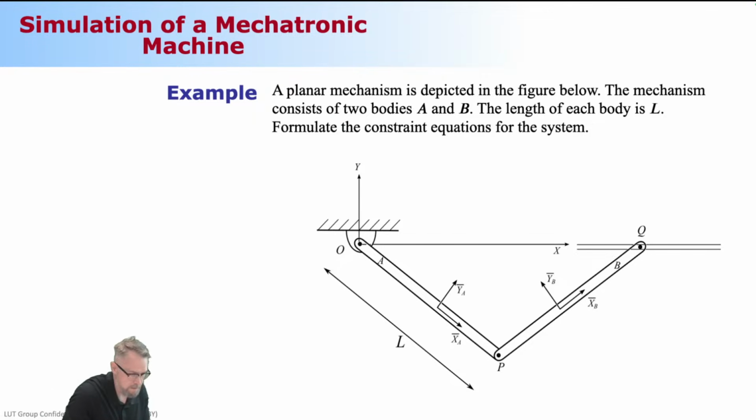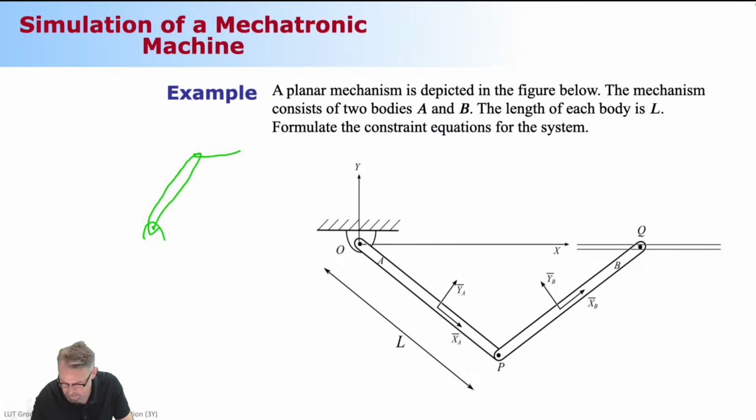Remember, we looked earlier at the mechanism that was like this. How is this different? Not really different. The only difference is that the primitive joint, this one here, is constrained slightly differently. But other than that, it's more or less the same system.